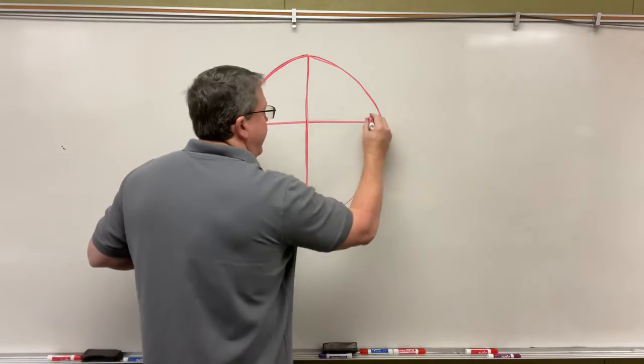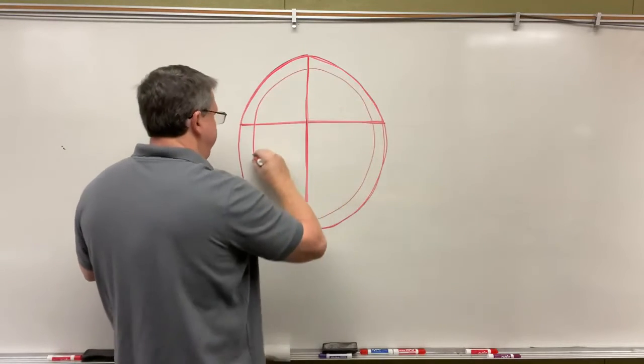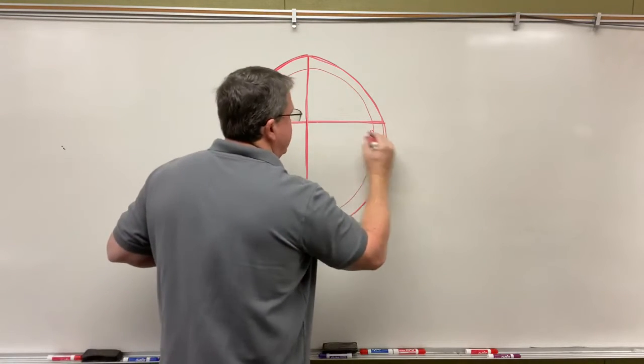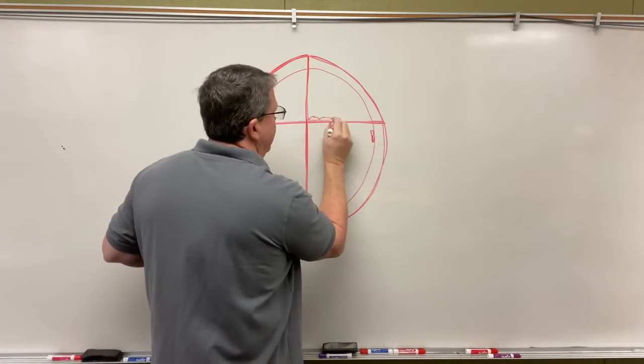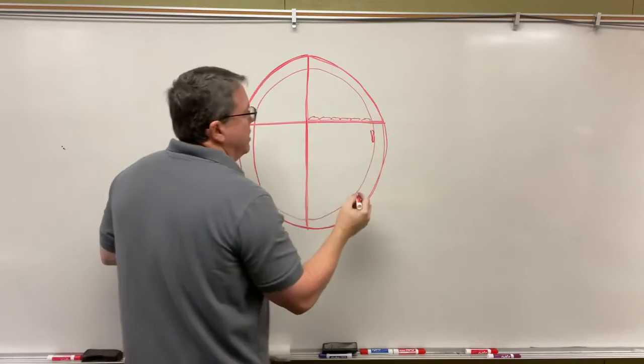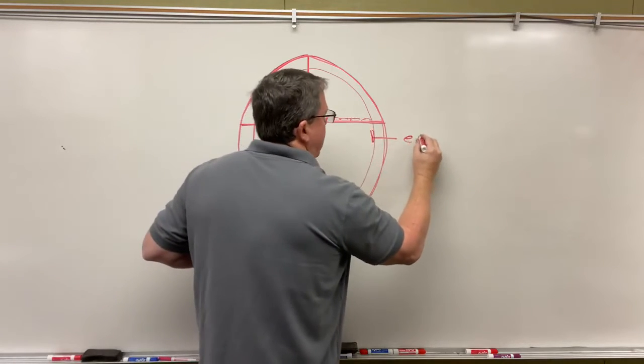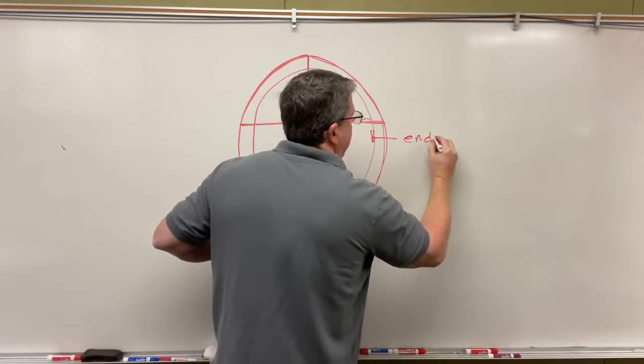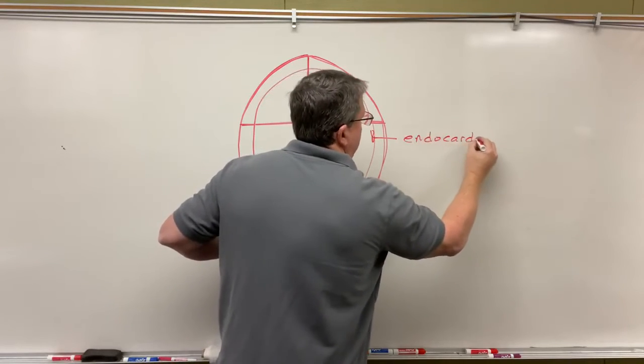So on the inside layer, we actually have some cells called endothelial cells. And what that is called is the epicardium, I'm sorry, the endocardium. All right.